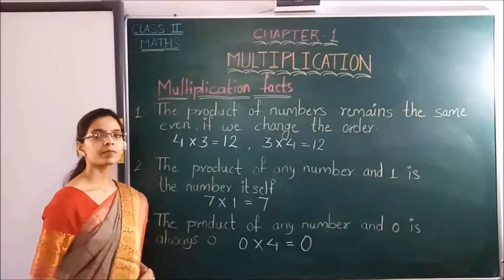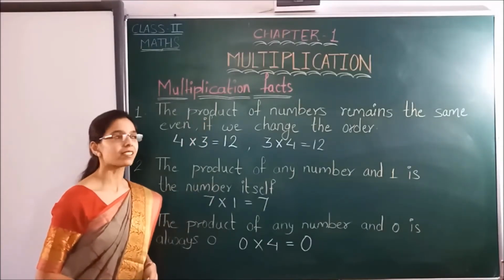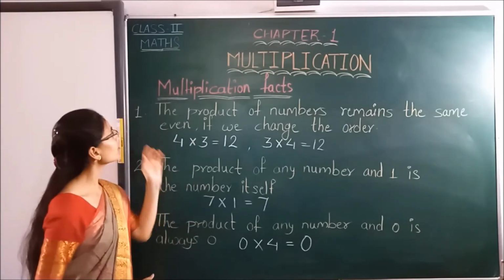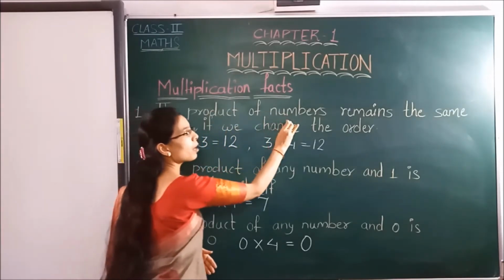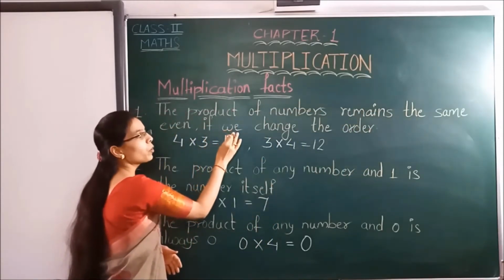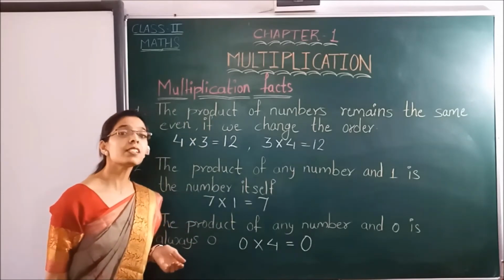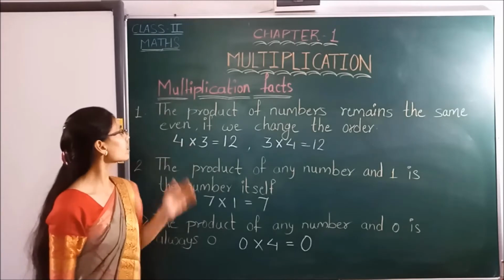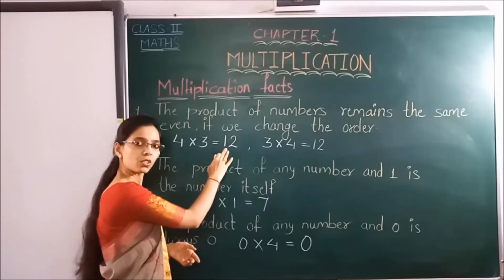Now children, look at your multiplication facts. Our first multiplication fact is: the product of numbers remains the same even if we change the order. Look here. 4 multiplied by 3 is 12.